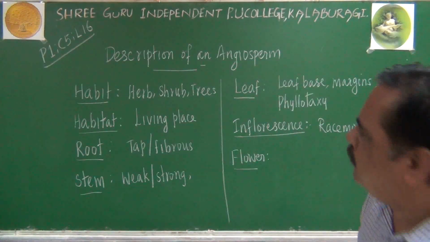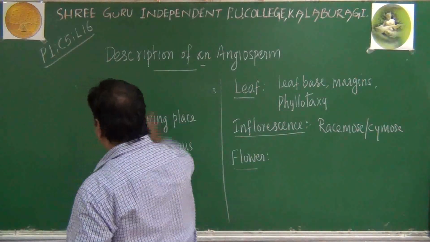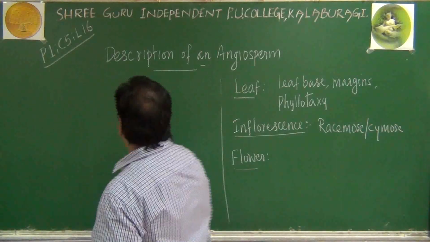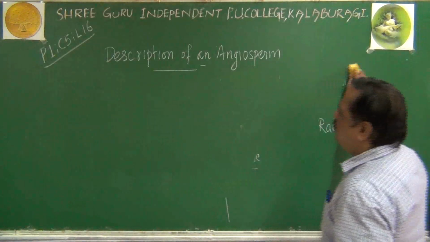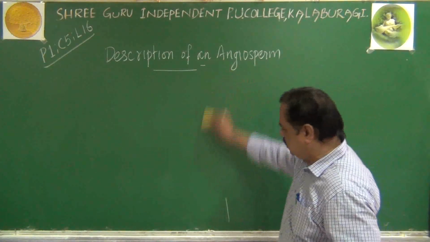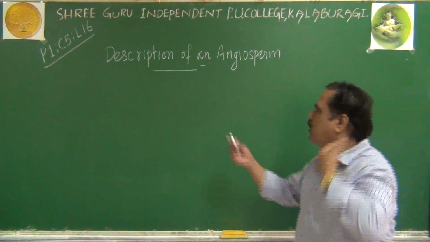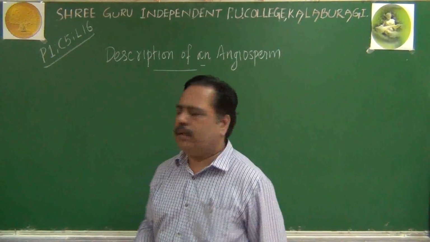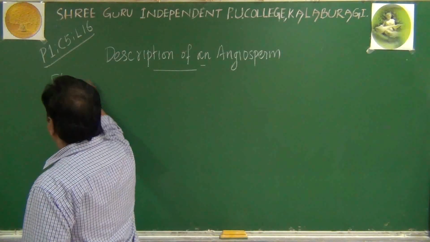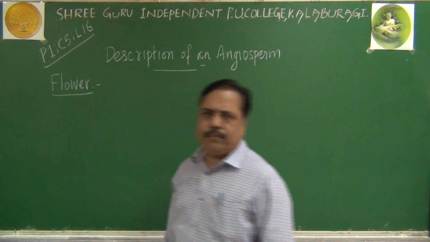Okay, students, when we come to the flower of the angiosperm, again we can use different terminologies, different symbols and other things. Because flowers are the characteristic part of an angiosperm. Whenever a flower is described, we can write some points related to this flower.